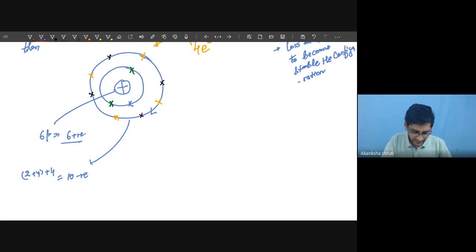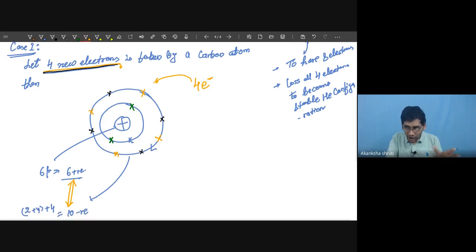But now, because of the 4 extra electrons taken, only 6 positive charges inside the nucleus and 10 electrons around it, it is not able to hold these 10 electrons together. Why? Because electrons will repel each other. So because of electronic repulsion, these 4 extra electrons cannot be accommodated by the carbon atom. So the possibility of gaining 4 electrons is ruled out.